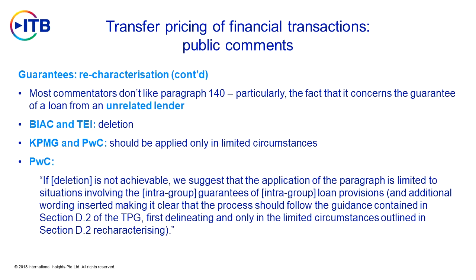Most commentators don't like paragraph 140, particularly the fact that it involves a loan from an unrelated lender. Some, for example BEAC and TEI, call for its deletion. Others, for example KPMG and PwC, say that it should be applied only in limited circumstances.